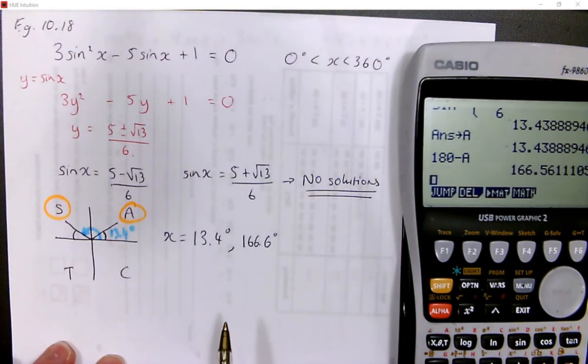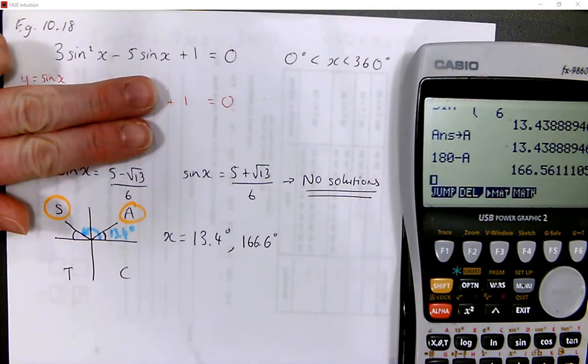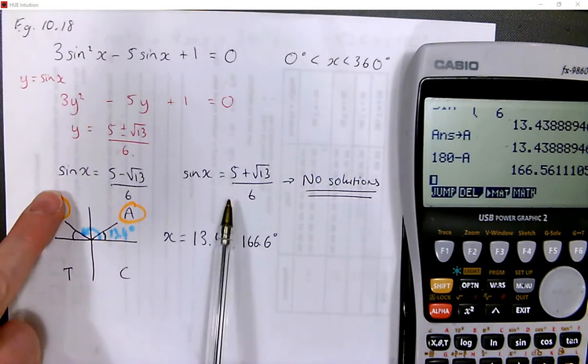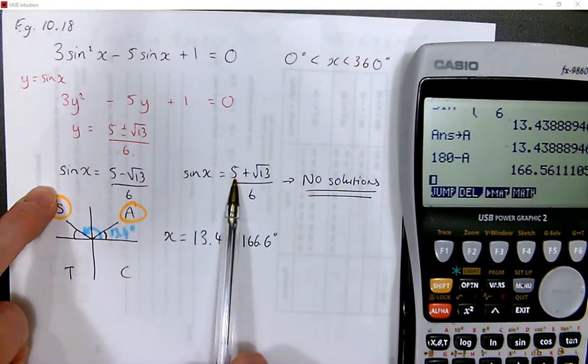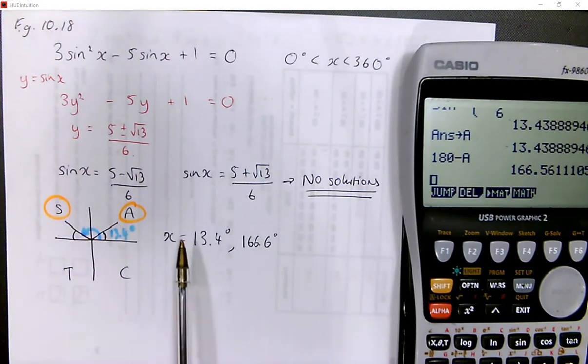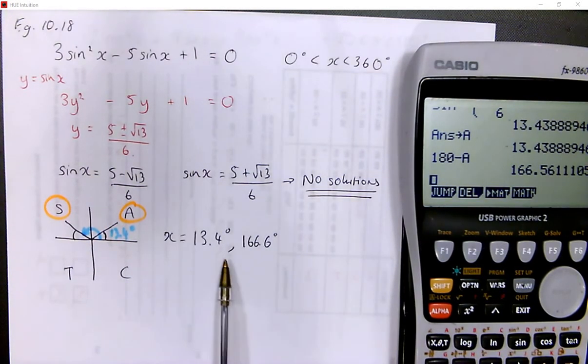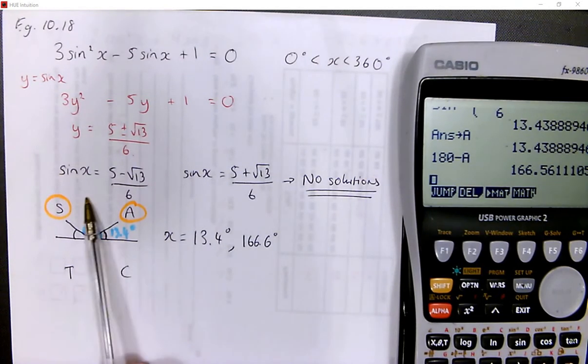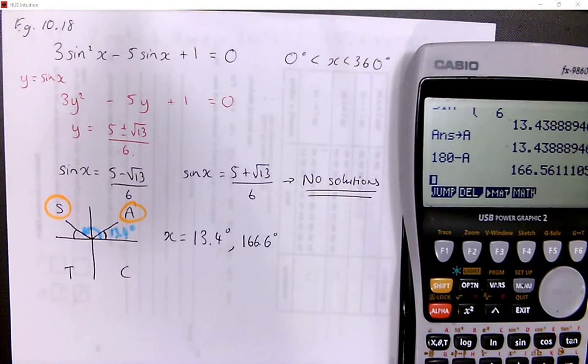So this is fine for the working out. You don't have to have the red bit. If it says show detailed reasoning, okay, then you would need to do some work to show how you solved your quadratic. But from there on in, you don't need to write inverse sine, okay, and you don't need to write a calculation for the 166.6 if you have your diagram nice and clear, whether it's a CAST diagram or a graph.